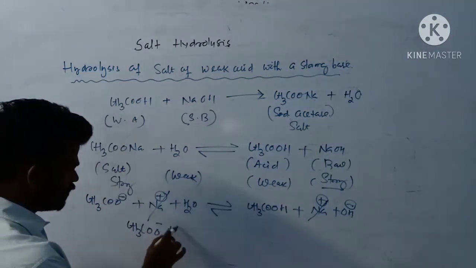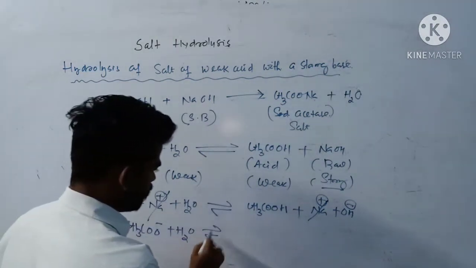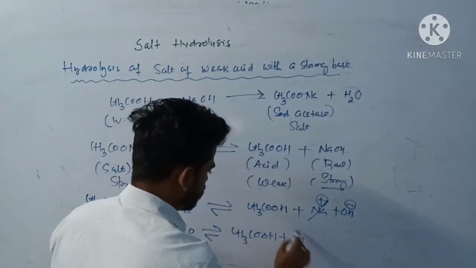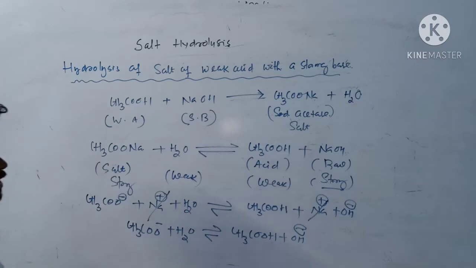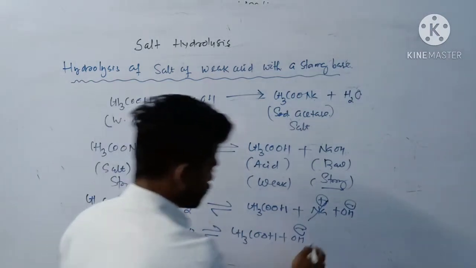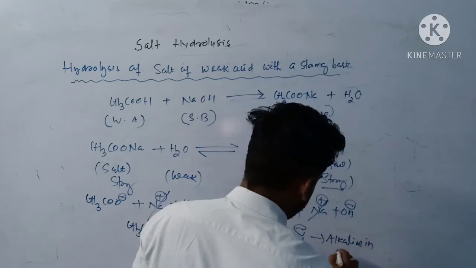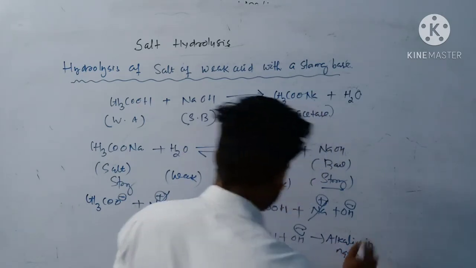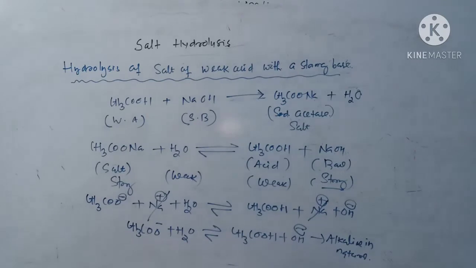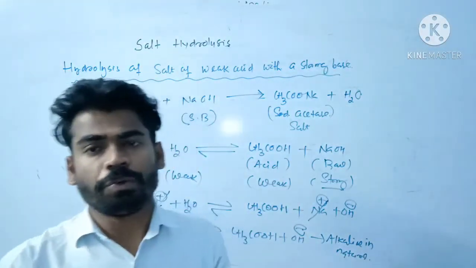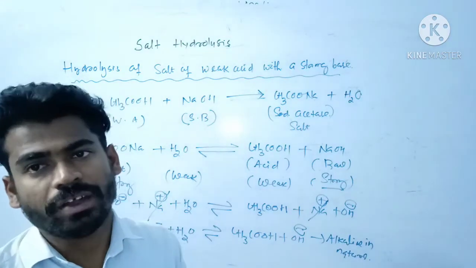CH3COO minus plus H2O giving rise to CH3COOH plus OH minus. The salt solution is alkaline in nature. Clear? So always remember, the weakest portion of the salt undergoes hydrolysis.